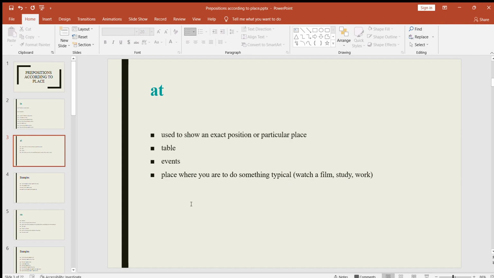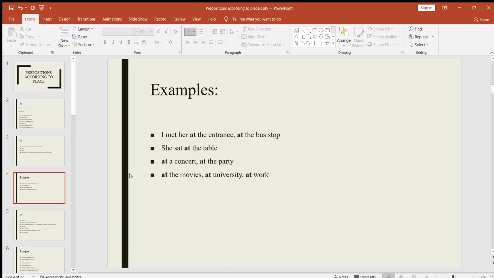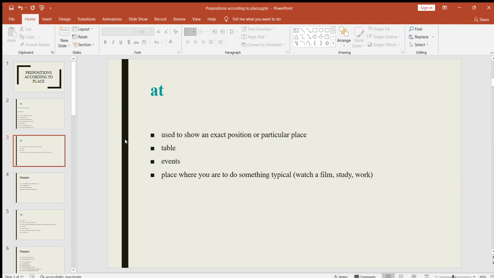For example, I met her at the entrance, or I met her at the bus stop. Here the entrance or the bus stop are specific places. You are telling someone that I met her at this place. So this one is used to show an exact position or a particular place.